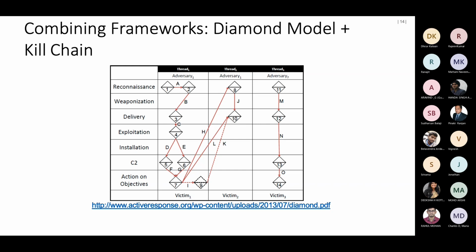So there is a possibility of very technical reports combining all three frameworks in one, but this is usually only used by cyber threat intelligence teams or by experts who really need to get into reverse engineering a specific kind of attack.